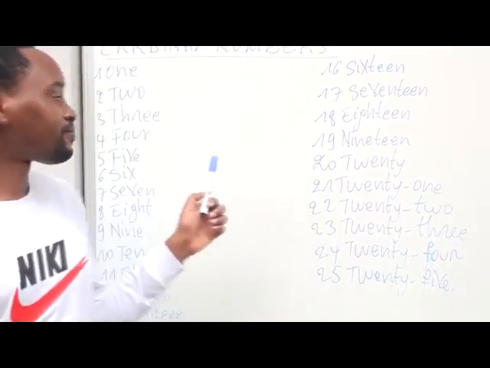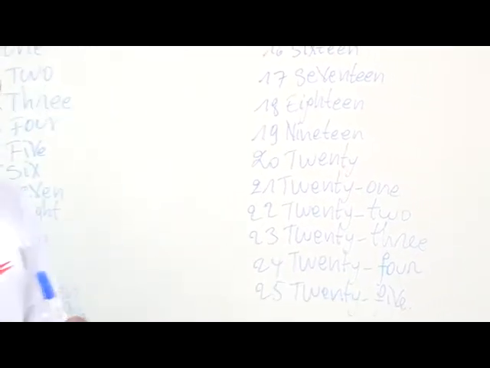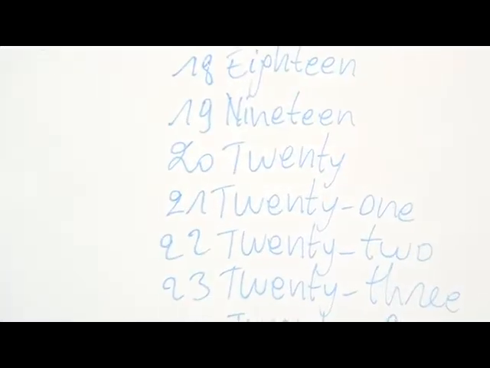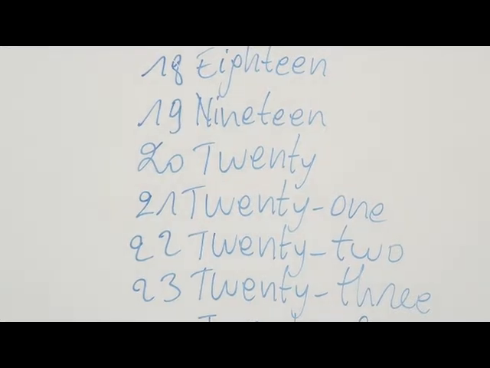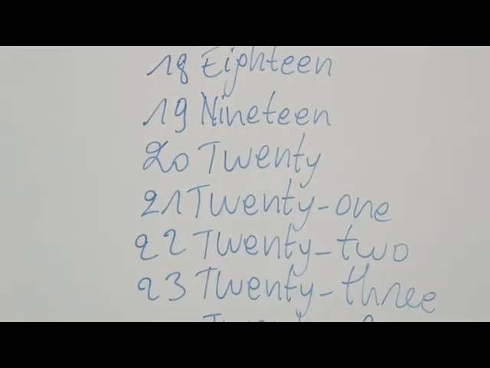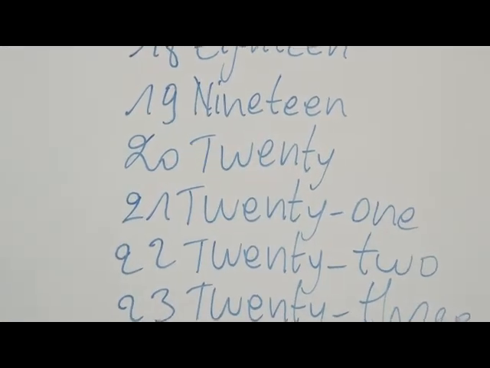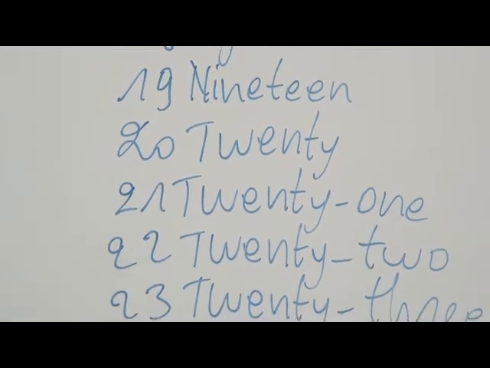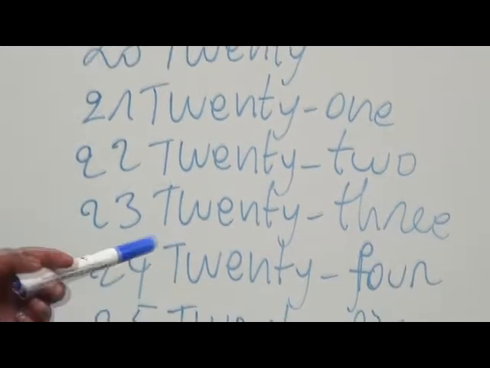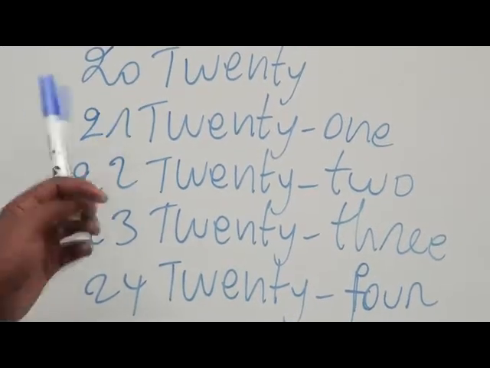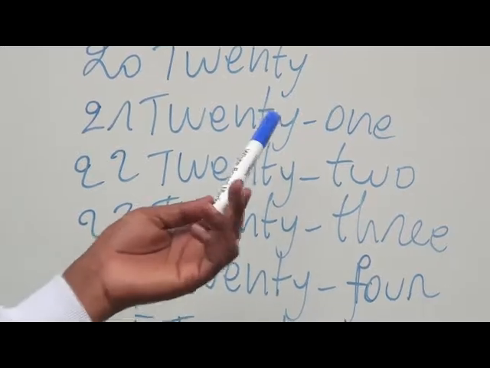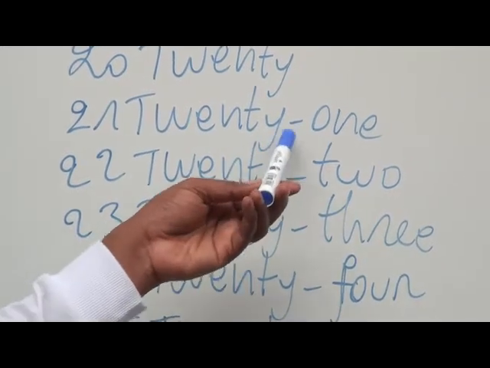So I think now you know how to count from 1 to 20. Now we are going to see how to count from 21 to 100. When it's 21, we write it in 2 words, and don't forget to add this.